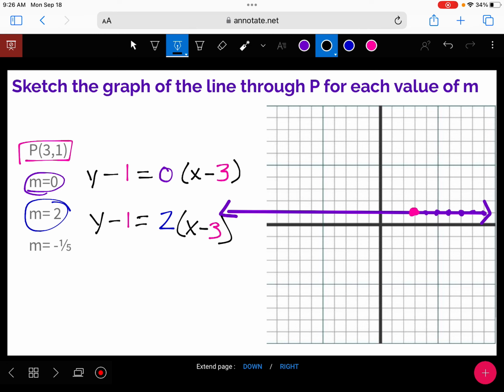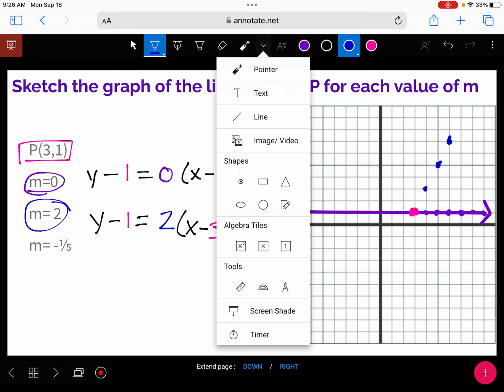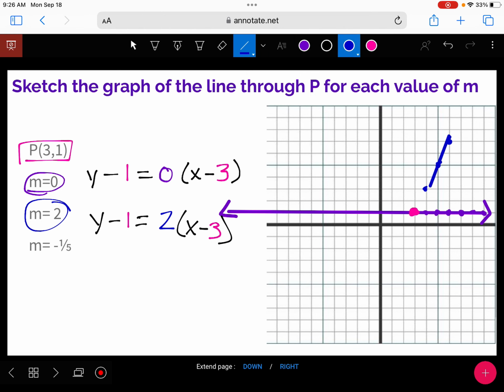How do I move with the slope of 2 from this point? Up 2, right 1. I can still just do that from the random point, and still get our line.